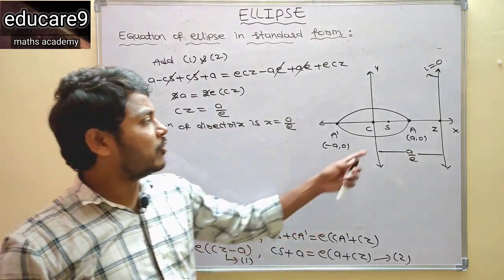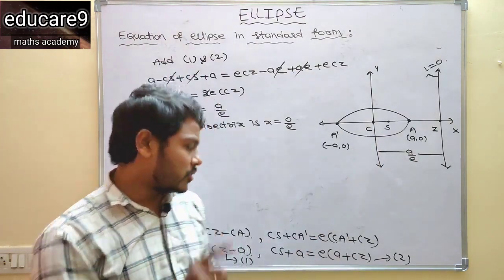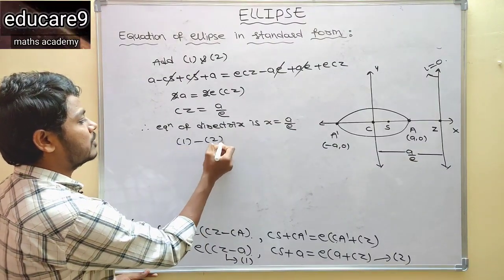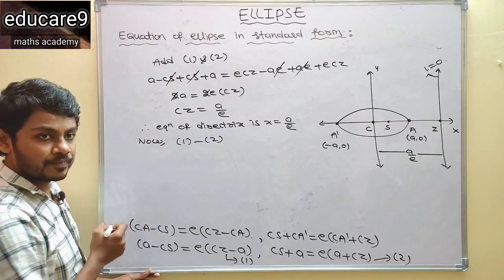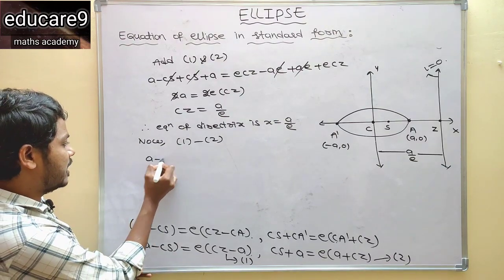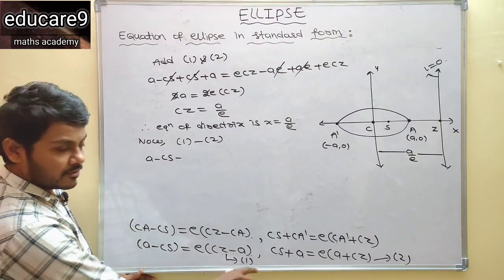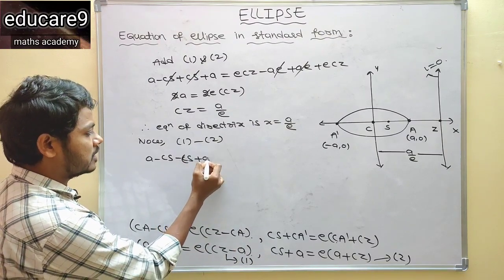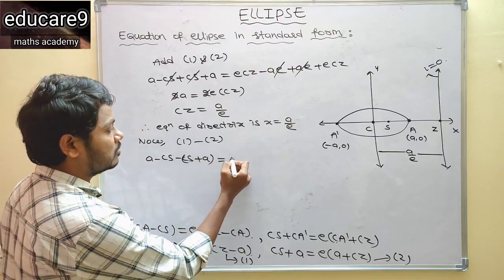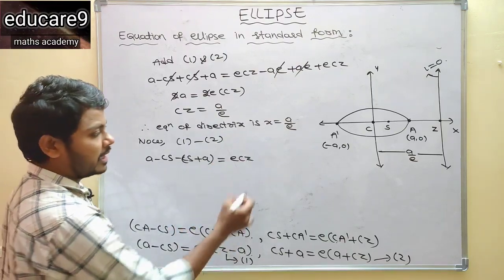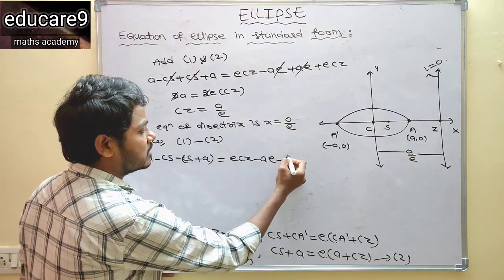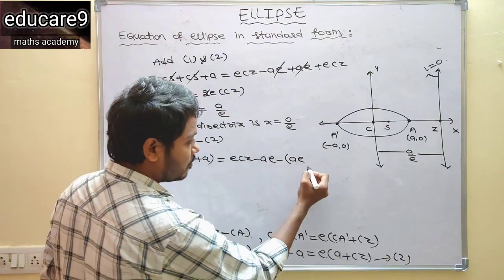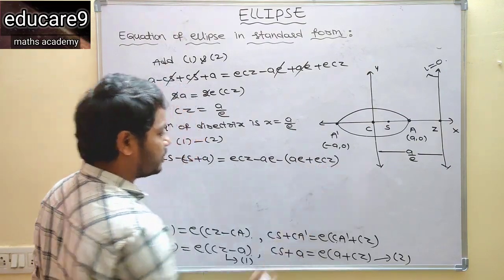Next you need to find the focus point. For that we have to subtract equation 1 and 2. See here, 1 minus 2. Now that is a minus CS minus (CS plus a). This is equal to e CZ minus ae, minus of this one, ae plus eCZ.